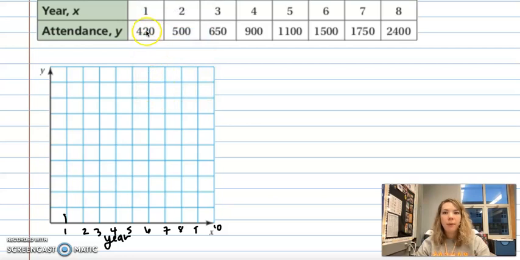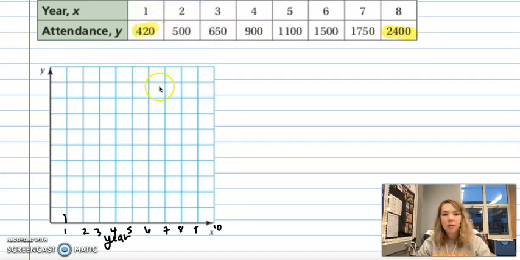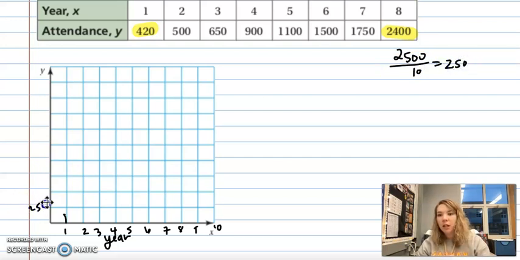So it looks like we need to go from 420 up to 2,400 in total. So if I have 10 grid lines, let's go ahead and round this up to an even 2,500. Like if I have 2,500 and I need to take that into 10 grid lines, that gives me 250. So we're going to count by 250s instead of ones here. 250, 500, all the way up.